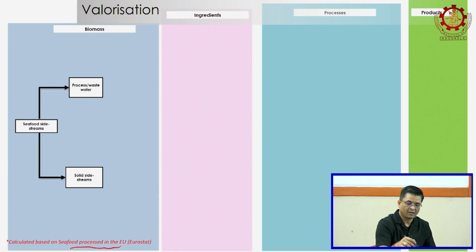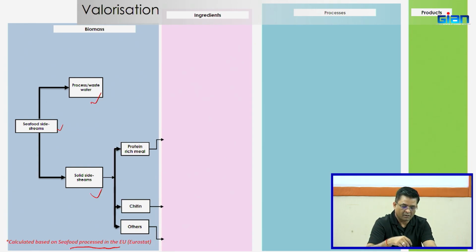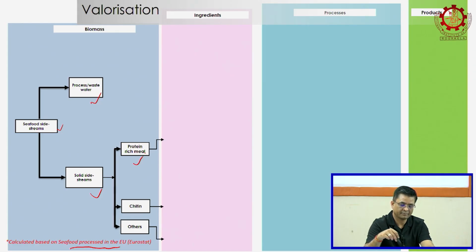Whatever side streams we get, what is it? Processed water and solid side stream, right? Solid side stream, what can we obtain? Protein, chitin and other nutrients. Yeah.